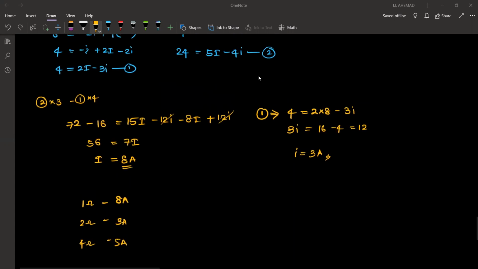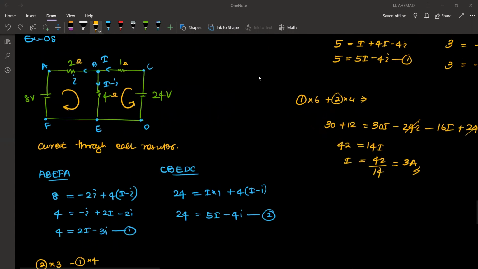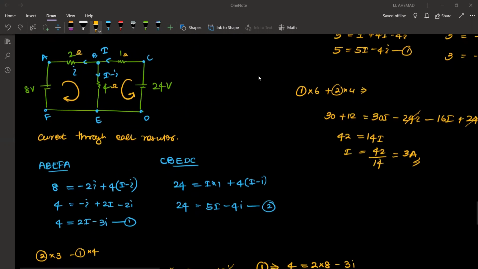So how is it applying the rule? Is it hard or easy? Not that hard, right? If you understand the concept easily.